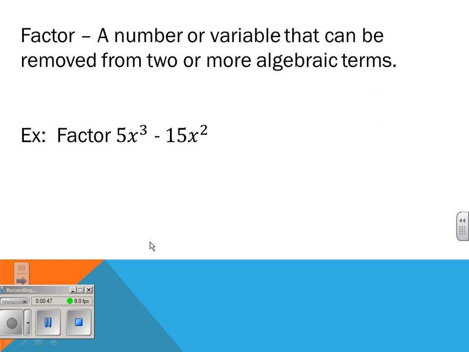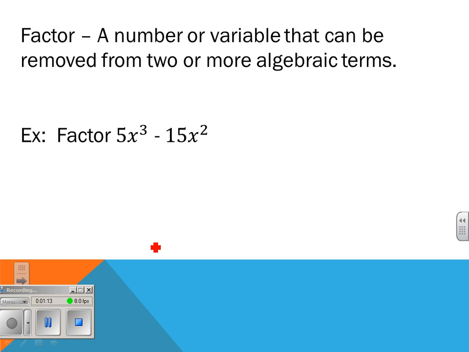All right, so a factor is a number or variable that can be removed from two or more algebraic terms. So when you're looking at this problem up on the board, it has two terms in it, so it's a polynomial or a binomial. What can you take out of the first term and what can you take out of the second term that match? So look at your regular number parts first.